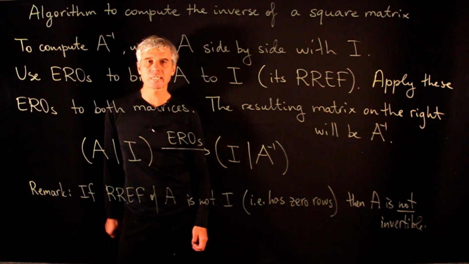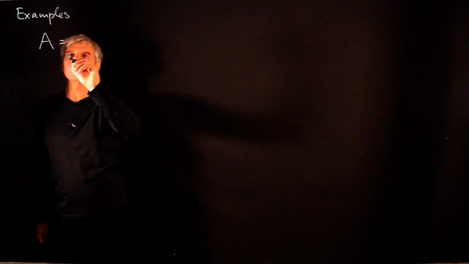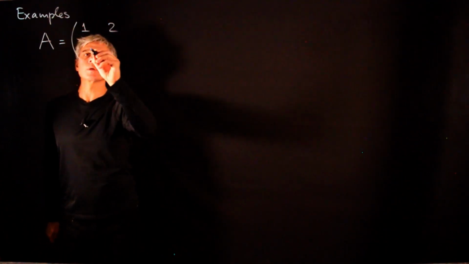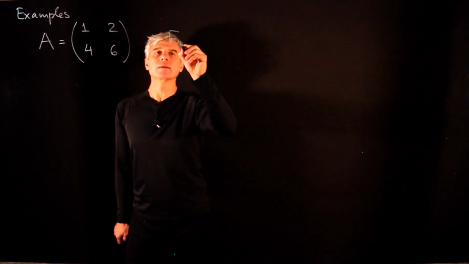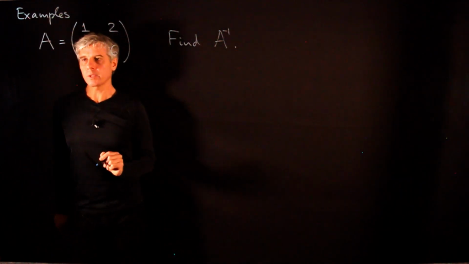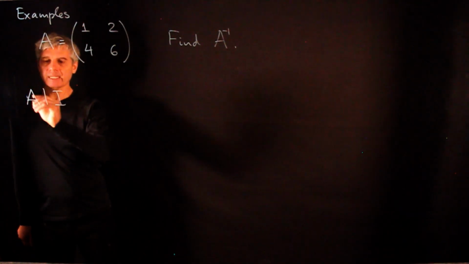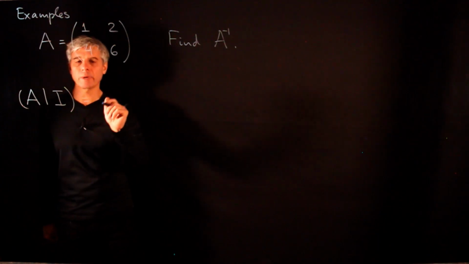Let us consider some examples. So let's start with a 2 by 2 matrix. So let's take A to be the following matrix. So 1, 2, 4, 6. And we want to find A inverse. So what we do is we write A side by side with the identity matrix. And this identity matrix also has size 2 by 2.